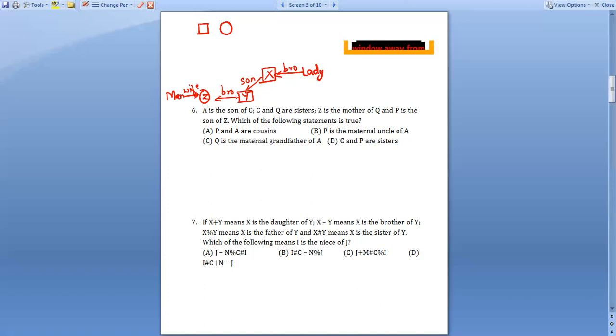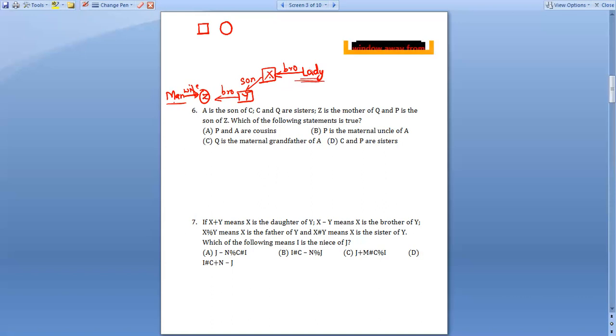Now read the question properly. How is the lady related to the man? So I'm going to see from man's point of view. So man's wife, wife's brother, and brother's father. So clearly X is father of Z. So that means X is father-in-law of this man. And X has a sister, that is this lady.